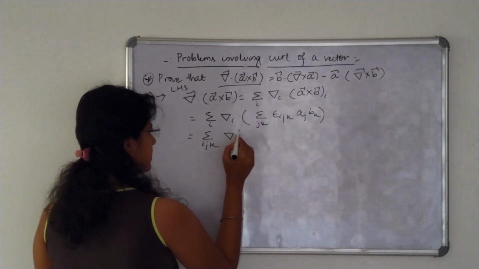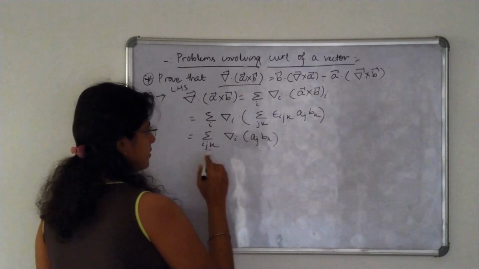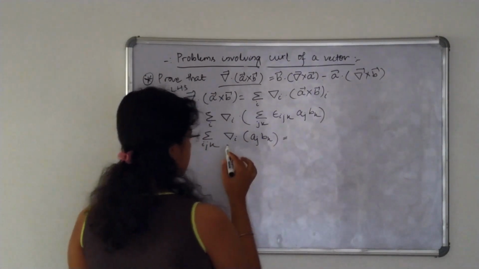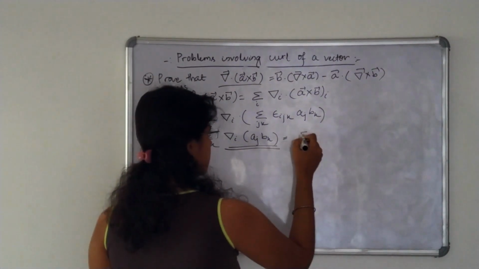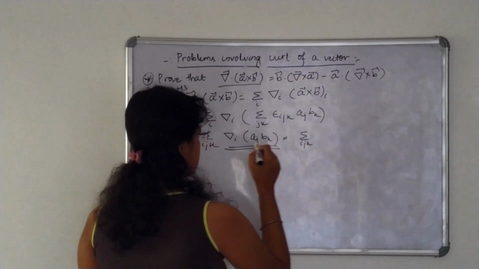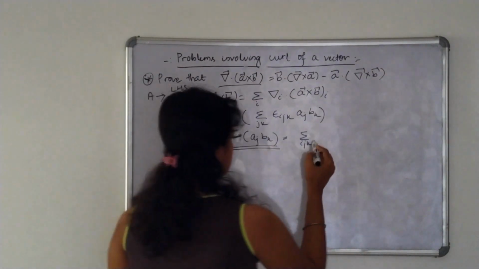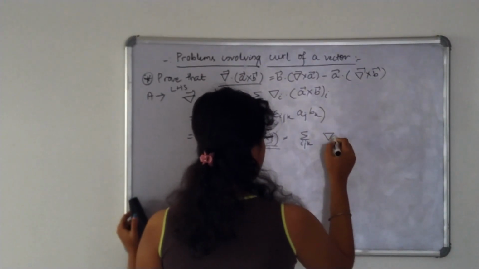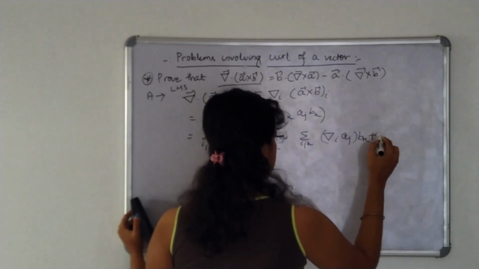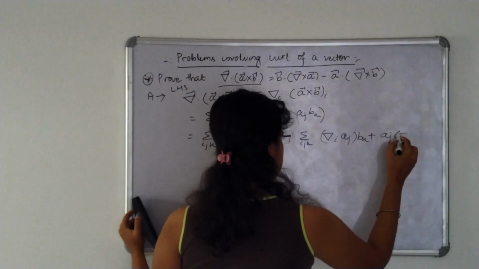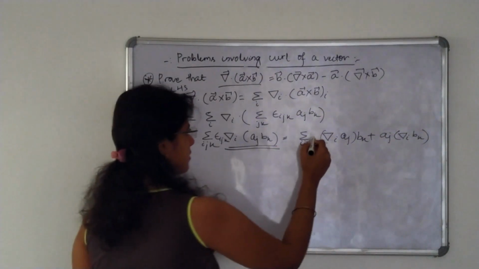we can write it as a_j b_k. Okay, then if we expand this, open this bracket, then we will get, sorry, here I have forgotten this symbol, b_k plus a_j b_k.